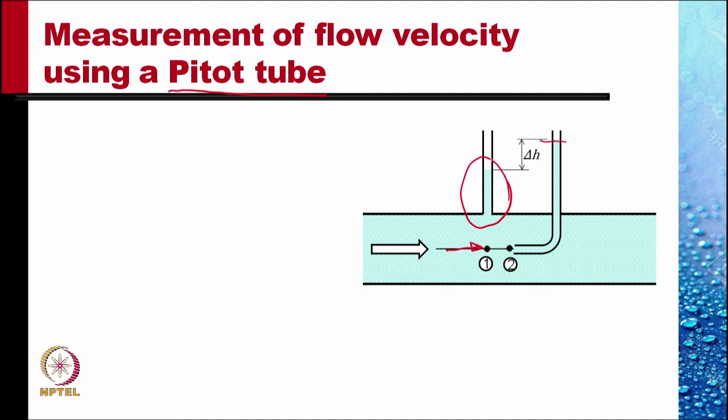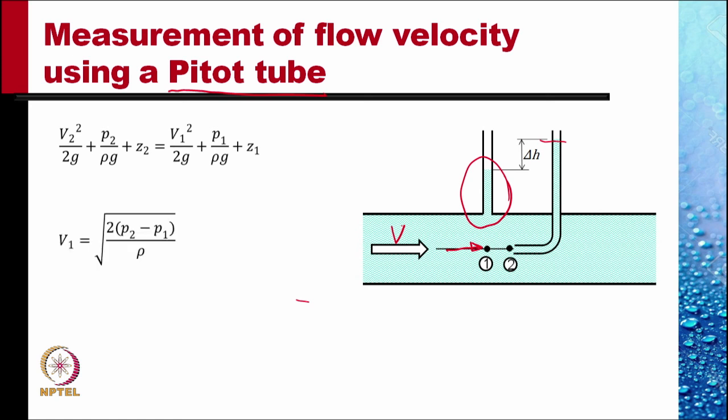And if we assume the velocity at point 1 is the velocity of the water flow, this velocity V or V1, then the Bernoulli equation gives you V2 square by 2G plus P2 by rho G plus Z2 is equal to same quantities with subscript 1. Here clearly Z1 is equal to Z2. The velocity at point 2 is 0, V2 is 0. So V1 is given by under root twice delta P by rho, where delta P is the pressure difference.